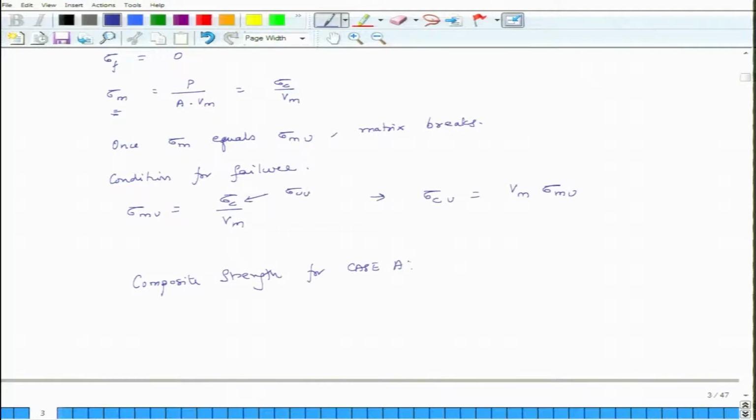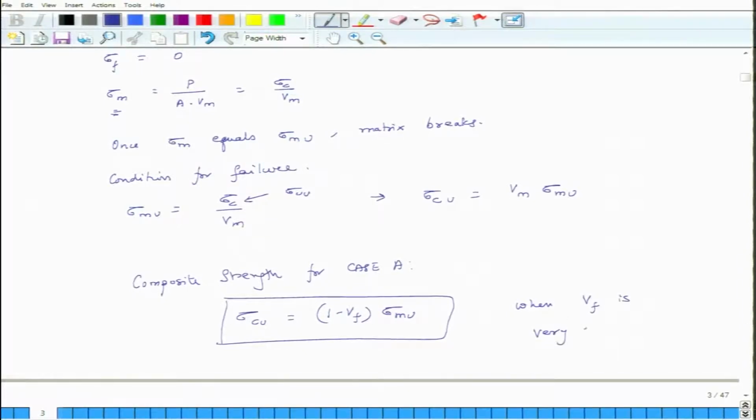What is the strength of composite for case A? Sigma Cu equals 1 minus Vf times sigma mu, and this is when Vf is very small, and we will define how small it has to be later.